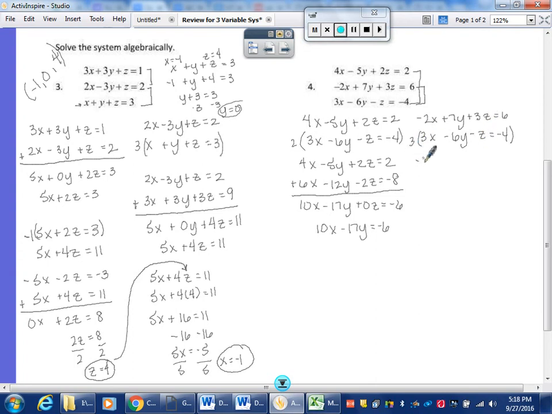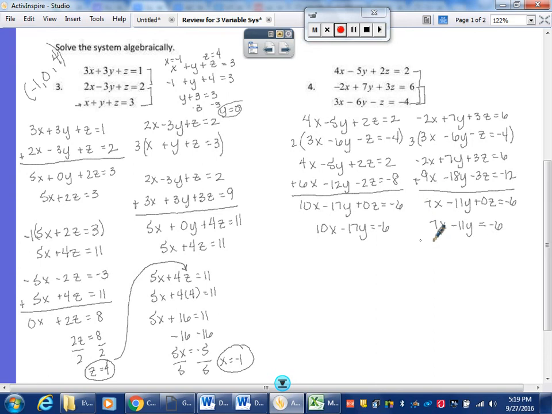So I've got negative 2x plus 7y plus 3z is equal to 6, and 9x minus 18y minus 3z is equal to negative 12. When we add those two together, we get 7x minus 11y plus 0z is equal to negative 6, which is just 7x minus 11y is equal to negative 6.